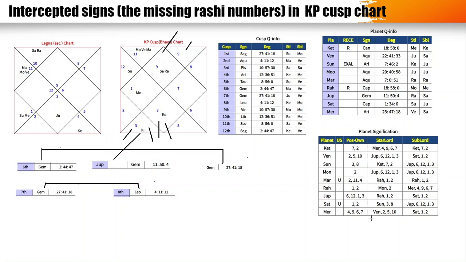Here you see that the star lord and the sub lord both are more strongly inclined toward the positive marriage or matrimonial affair rather than the negative one. Second, if you look at Ketu, which is in the star of Mercury, look here, right? The second column signification is the strongest in the Krishnamurti Paddhati.